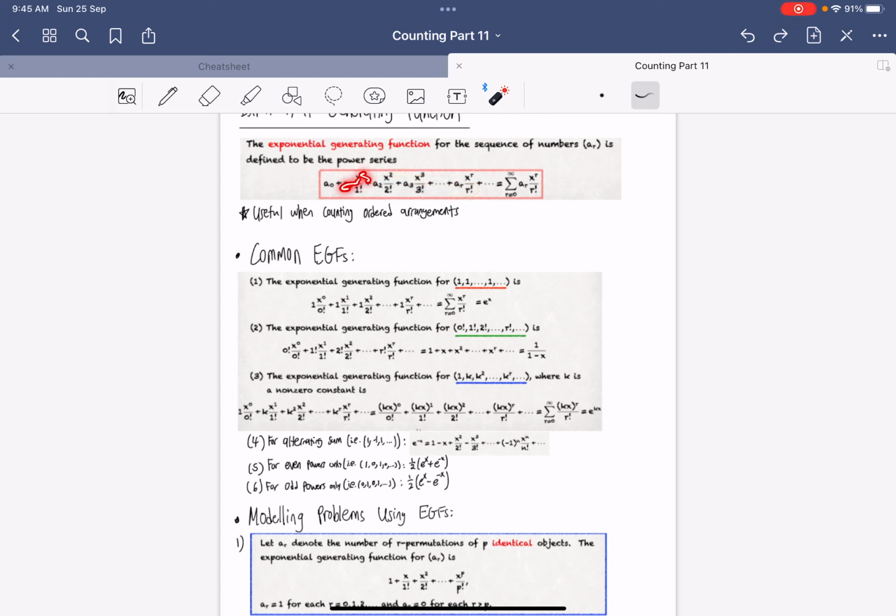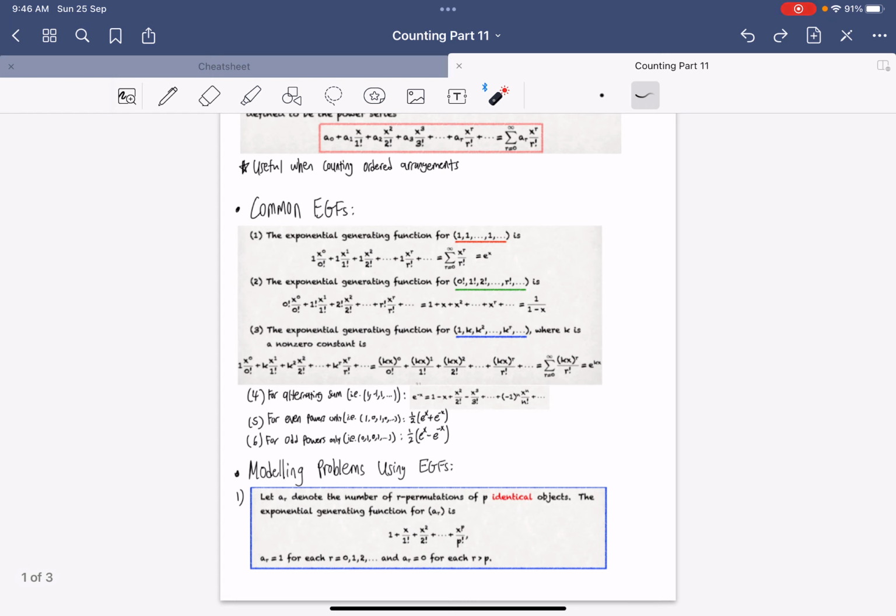Because if you now multiply by x here, it will be x squared over 1, and that doesn't fulfill the condition of being over r factorial. So the operations might not always be relevant, but I hope you can play around with them to see what is needed for the problem. So let's move on to examples.